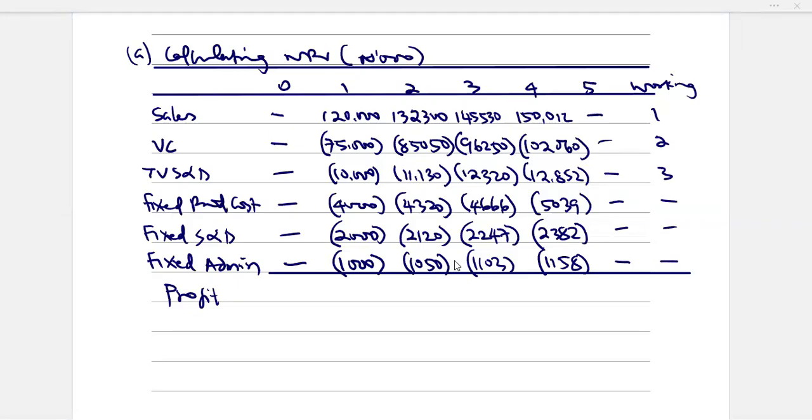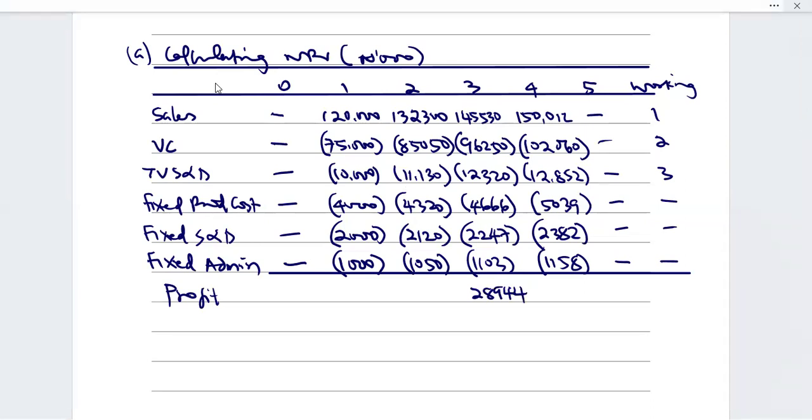I made a mistake. 145,530 minus 96,250 minus 12,320 minus 4,666 minus 2,247 minus 1,103 equals 28,944. 28,944.